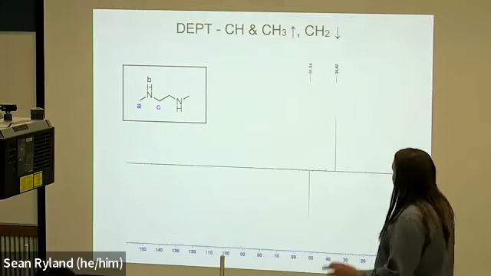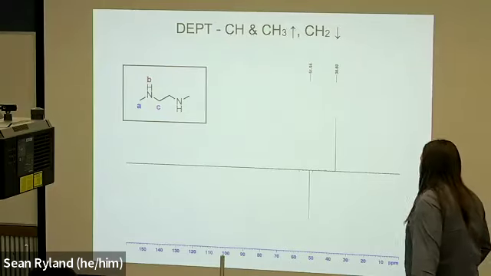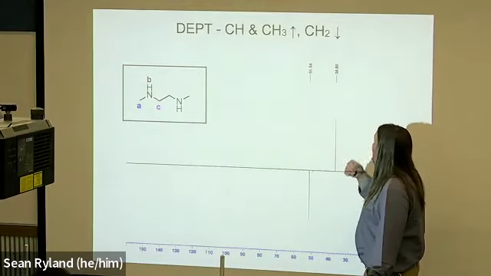And then you remember when we learned about carbon NMR, there was that DEPT, which caused the signals to flip positive and negative based on how many hydrogens it had.